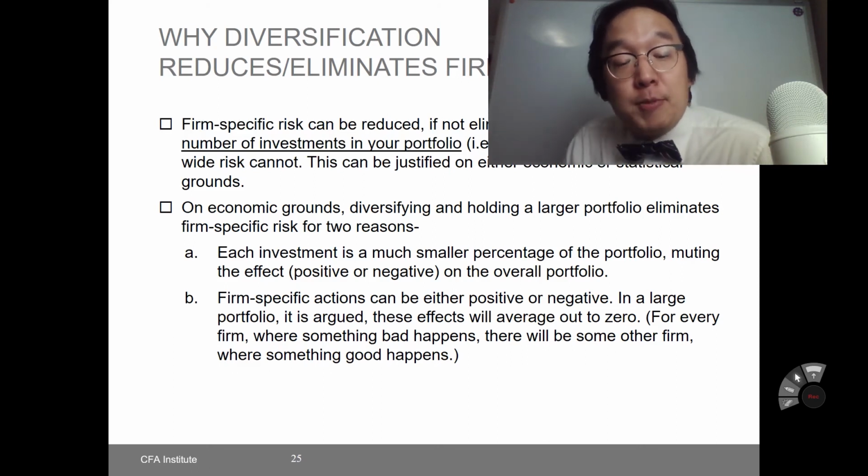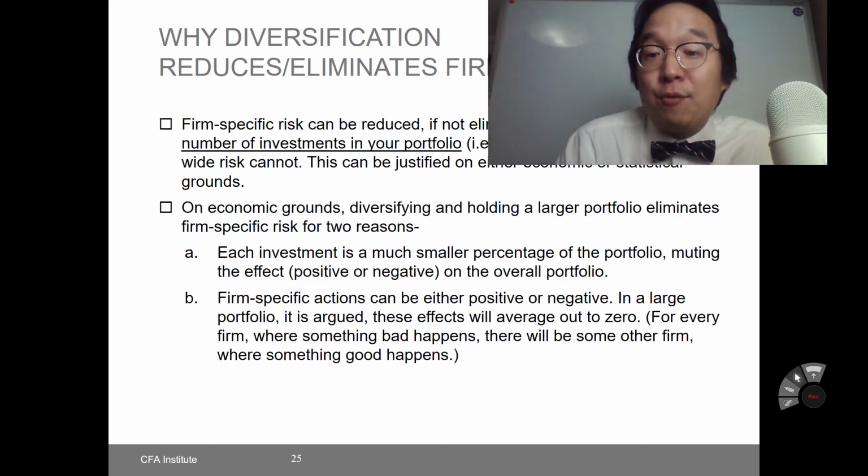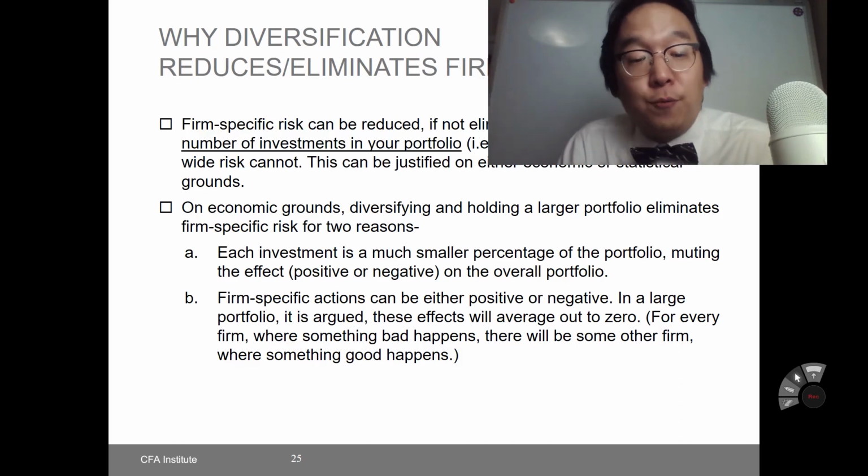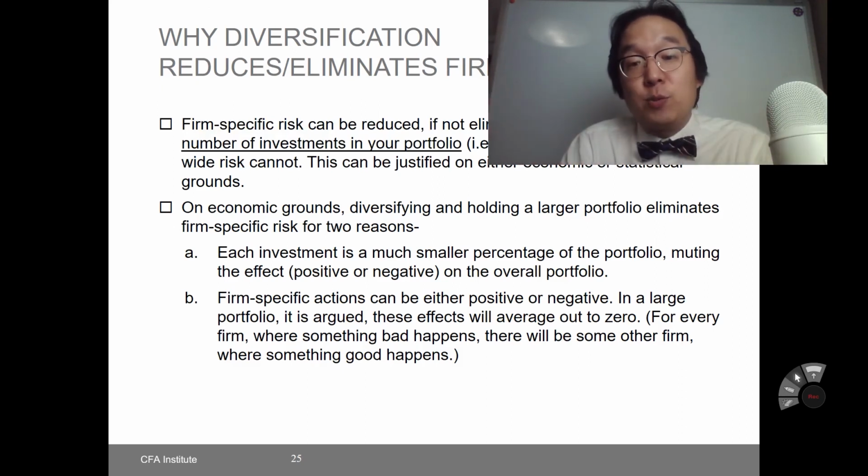Small piece, yeah. B, firm-specific actions can be either positive or negative. In a large portfolio, it is argued these effects will average out to zero. Here's the beauty of taking the average, right? For every firm where something bad happens, there will be some other firms where something good happens.